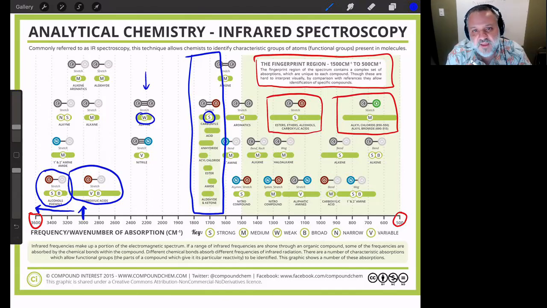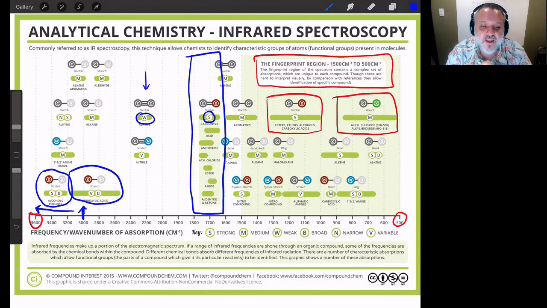At the end of the day, if there's only two things that you can identify on an IR spectra, it better be the CO stretch and it better be the OH stretch. These are the two signals that any student can see after just a few minutes of practice.